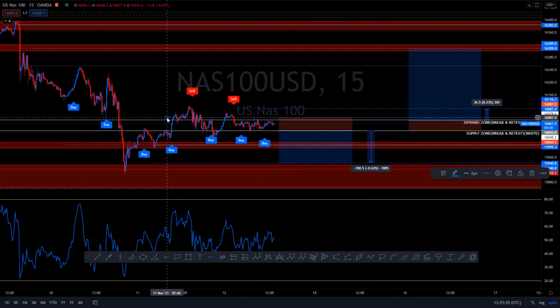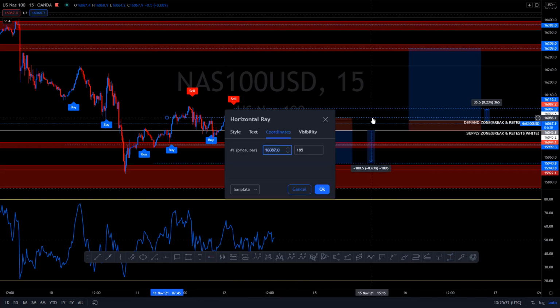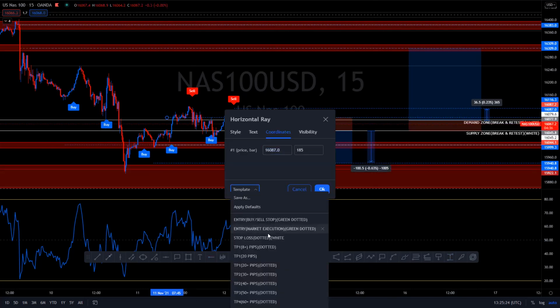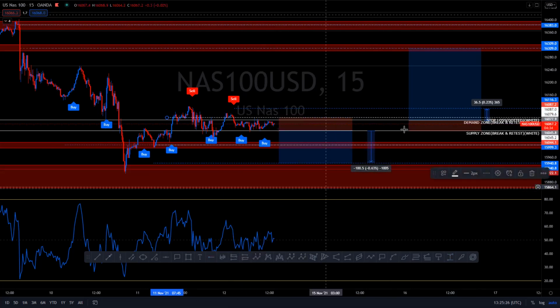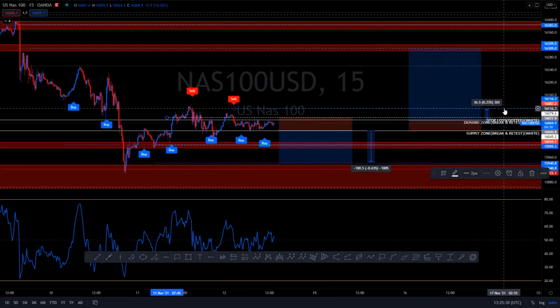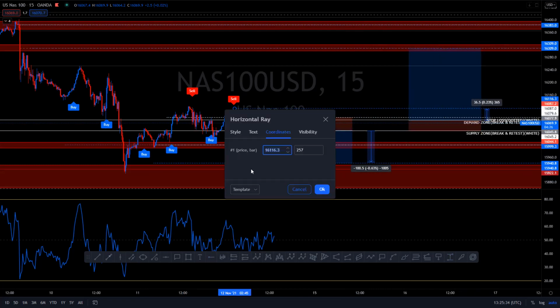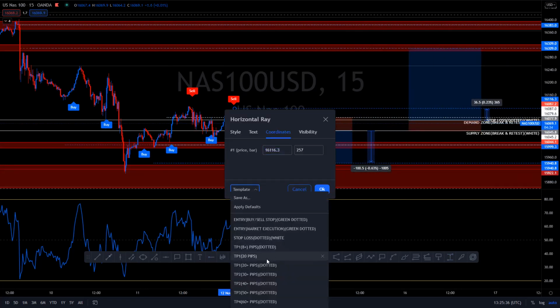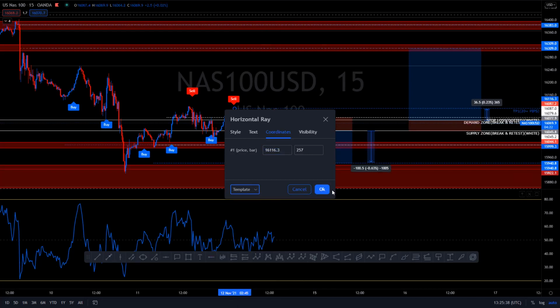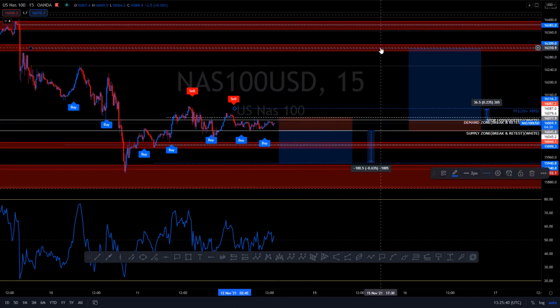So then stop loss is here. And this is, I believe, TP1. Yeah. Make this TP2.